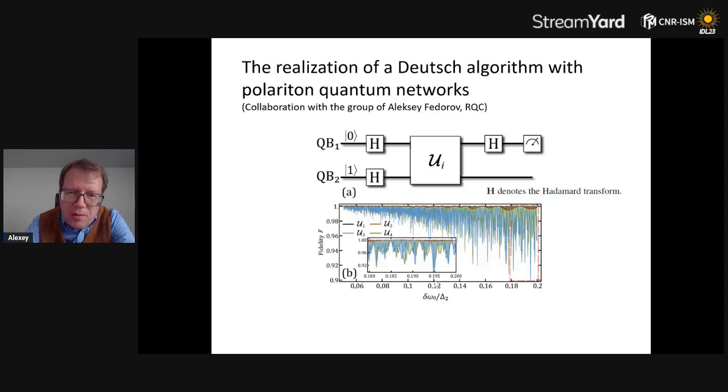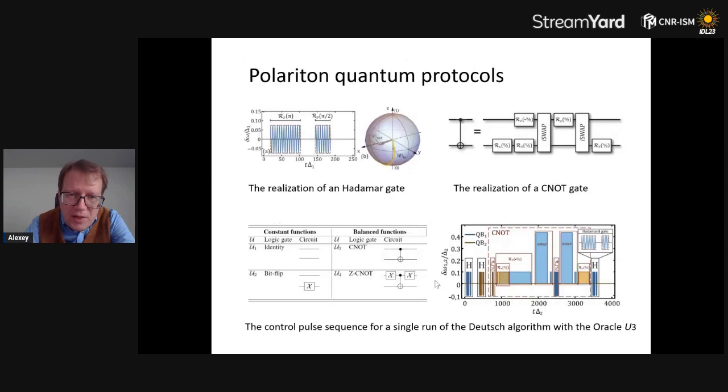And our collaborators predicted the fidelity, which is rather high, of these measurements, but this is yet to be implemented experimentally. And other polariton quantum protocols are being studied theoretically. They're being modeled on classical computers, supercomputers, and they wait for the experimental realization.